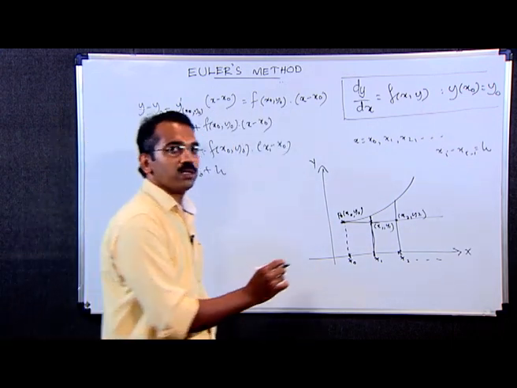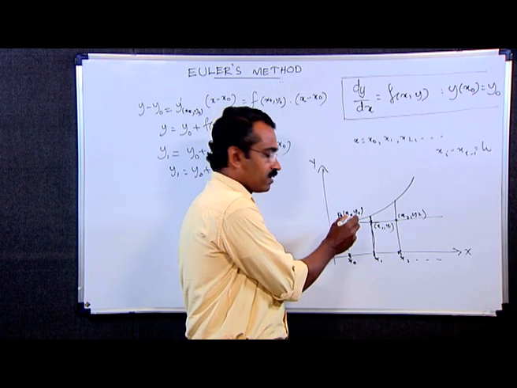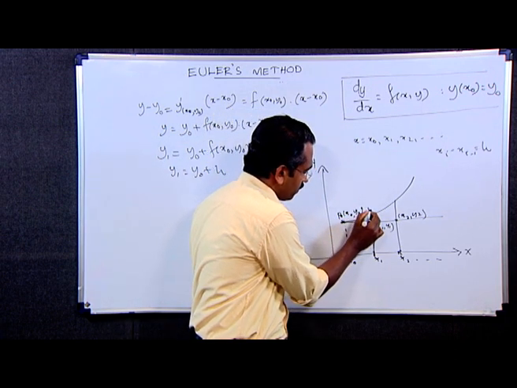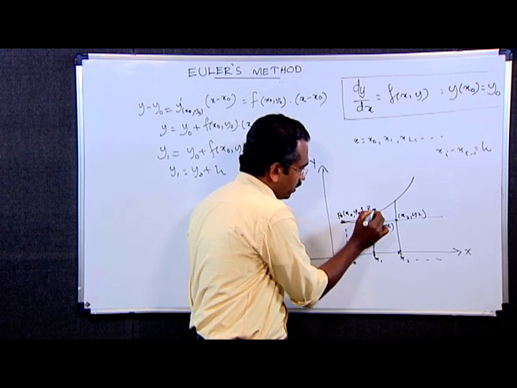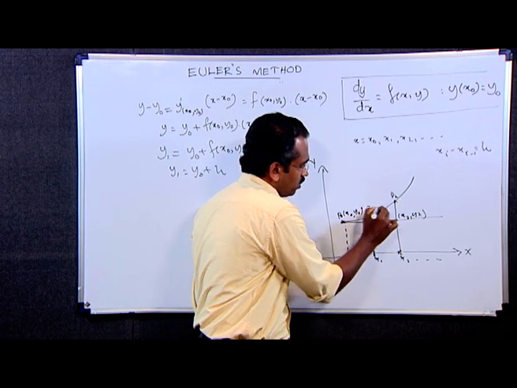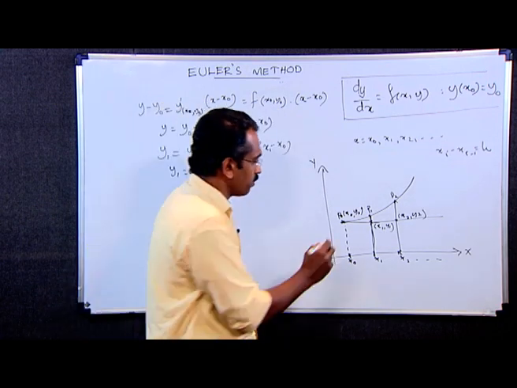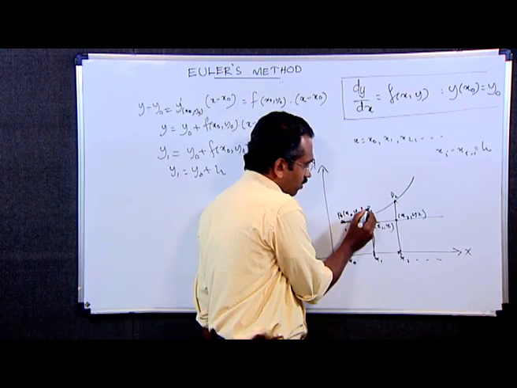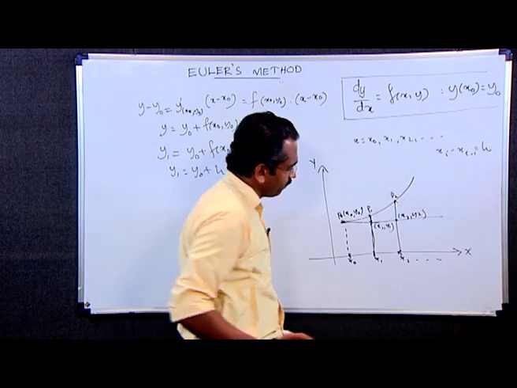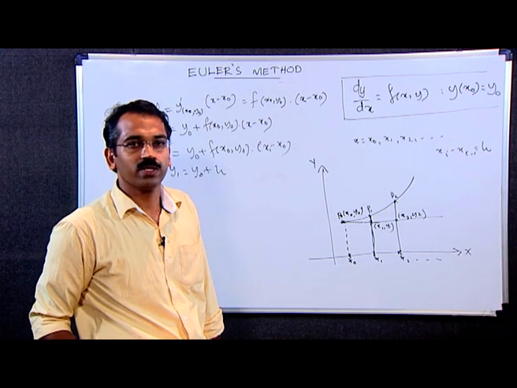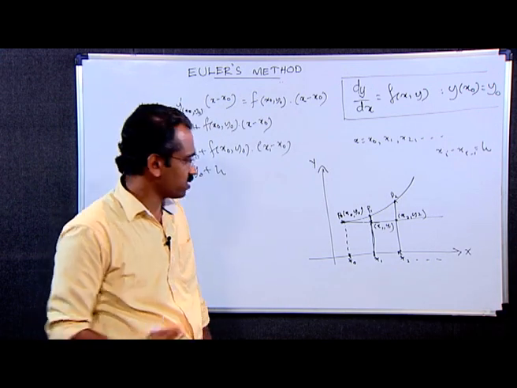Here this is the error. This point is P 1, this is P 2 and so on, which are the corresponding points on the curve. In this method, the actual curve is approximated by a sequence of short straight lines like this.